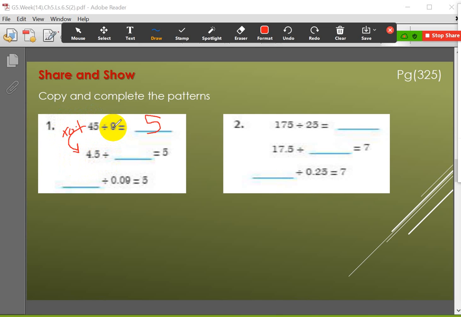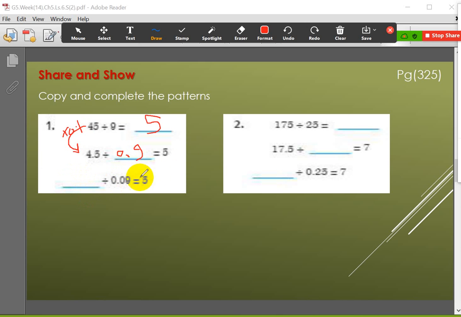And if you also multiply the divisor with 0.1, I have to move the decimal point to the left side 1 digit. So the divisor becomes 0.9. Also, the division here will give the same answer, 5.